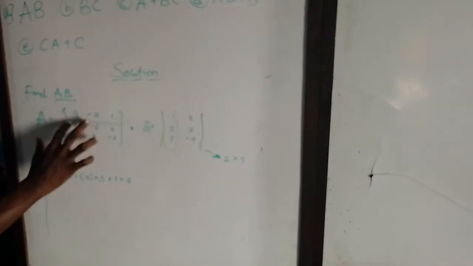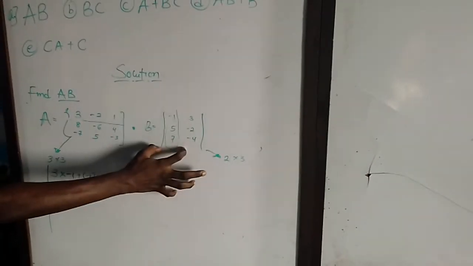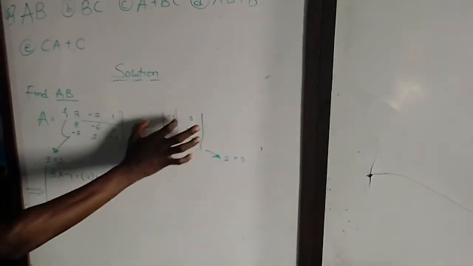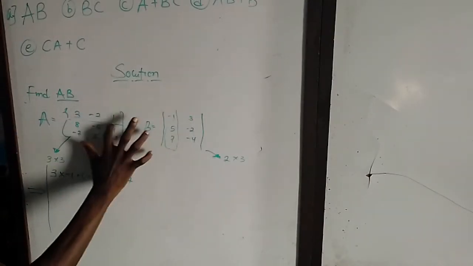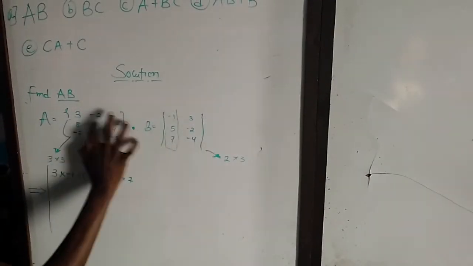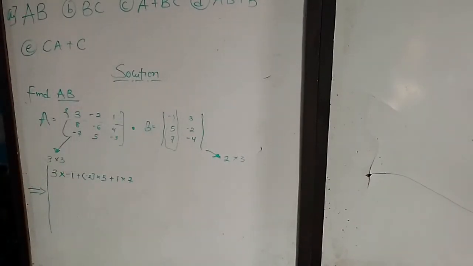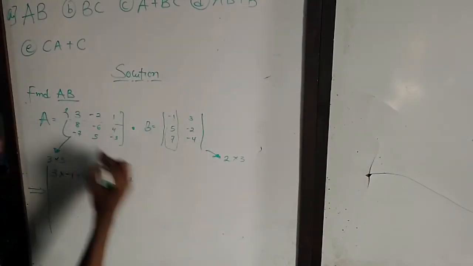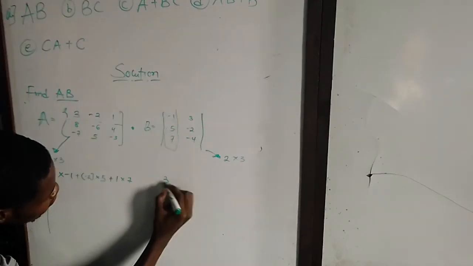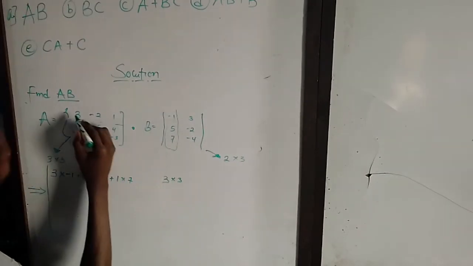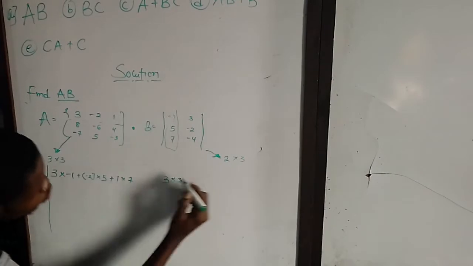Okay. This row will times this column. Then this row will times the second column. So we are going to say this 3 again, 3 times 3. Then minus 2.